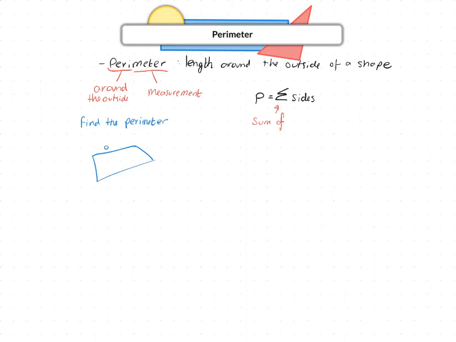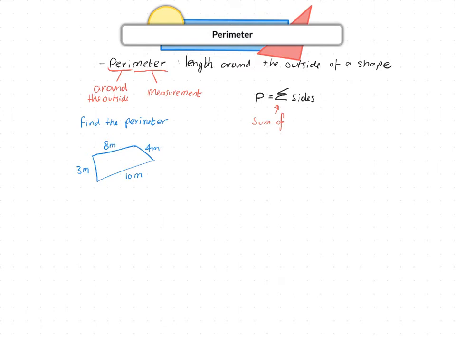So let's say this side is 8 meters long, this side is 4 meters long, this side is 3 meters long, and this side is 10 meters long. Does it matter if your picture is perfect? Absolutely not. In fact, I think my 3 meter side is actually longer here than my 4 meter side. We're mathematicians, not artists. It doesn't actually matter. It's the numbers that matter in this case.